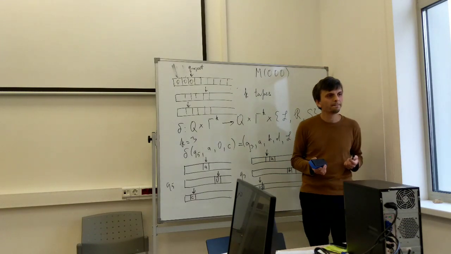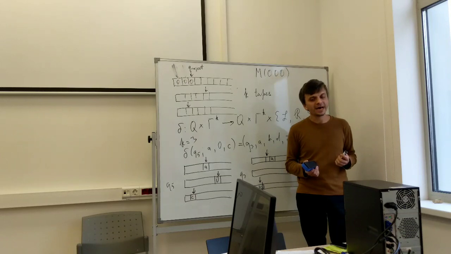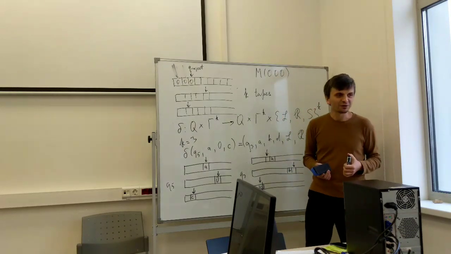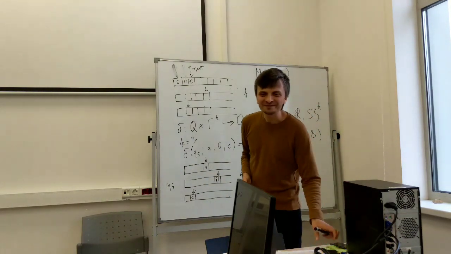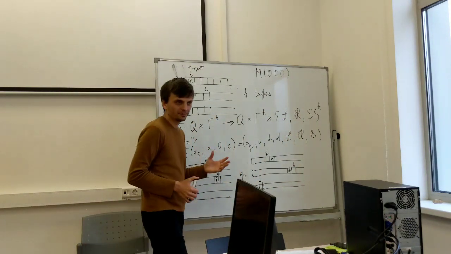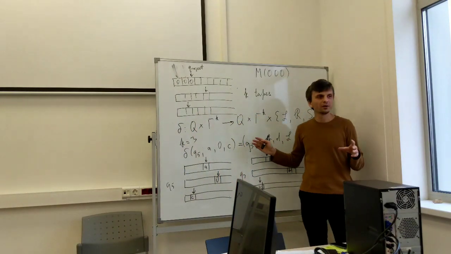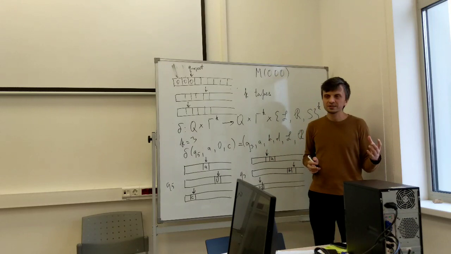Which problems do we solve by this Turing machine? Any problems that are solvable by a computer at all. So the idea is that this is a general model of computation. What's an algorithm?